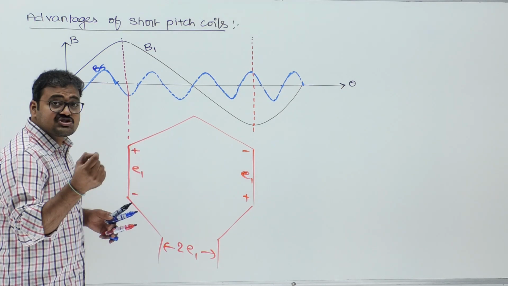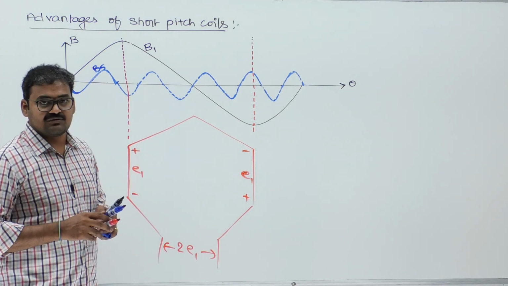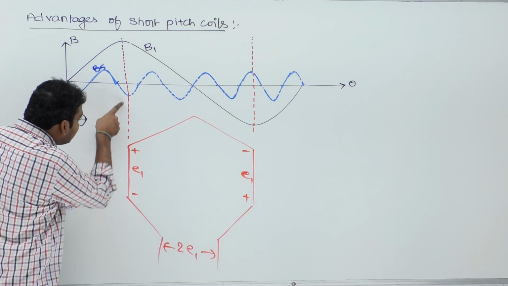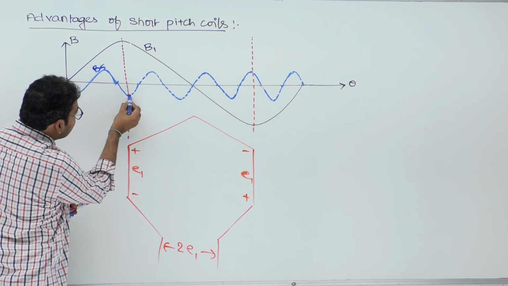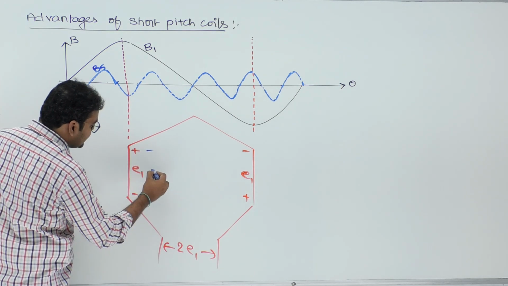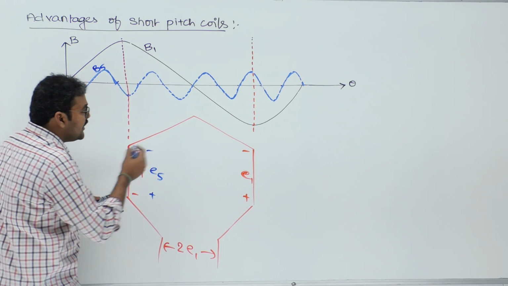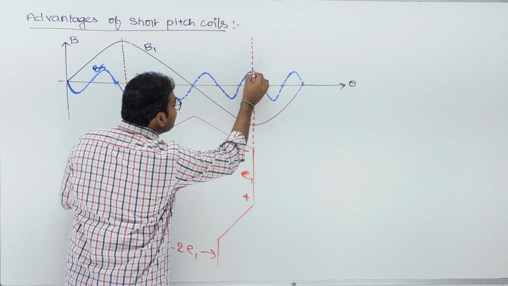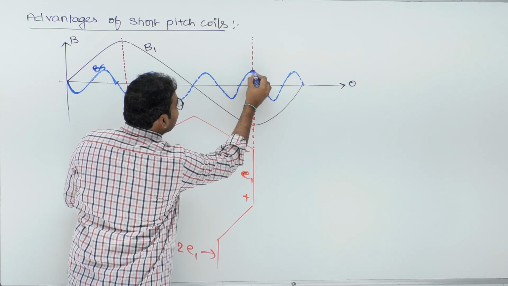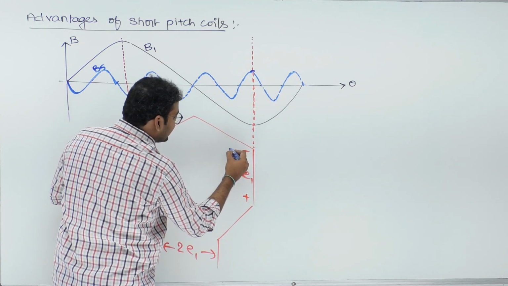Next, let us talk about the fifth harmonic voltage now. Can you tell me at this particular point the fifth harmonic is positive maximum or negative maximum? You see, the fifth harmonic is negative maximum. At this particular point, can you tell me the fifth harmonic is positive maximum or negative maximum? Positive maximum.